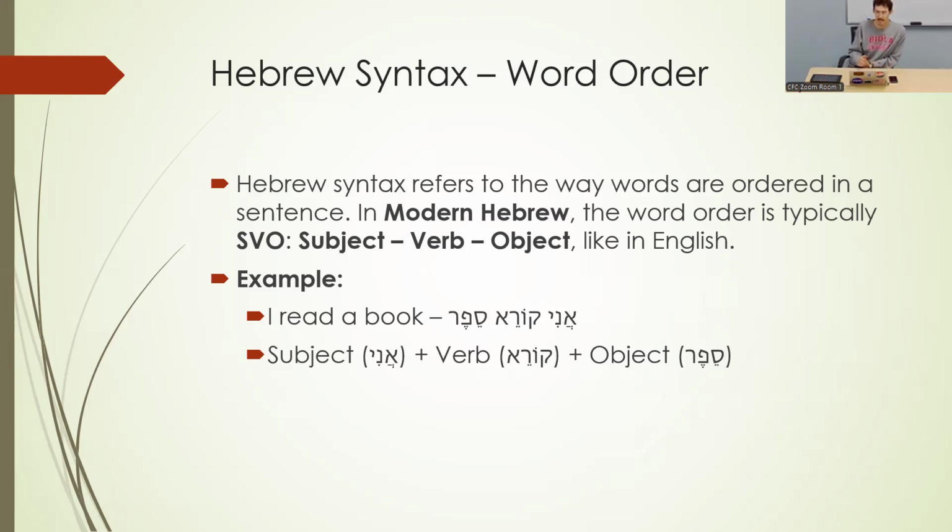Ani is I, kore is reading or read, and sefer is our object. So ani is the subject, kore the verb, sefer the object. This is modern Hebrew, and you can see the example here.